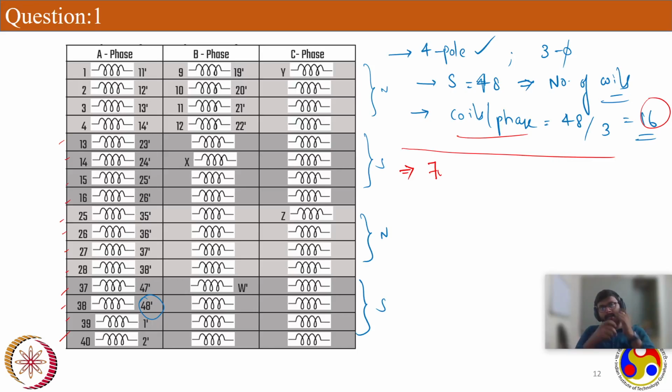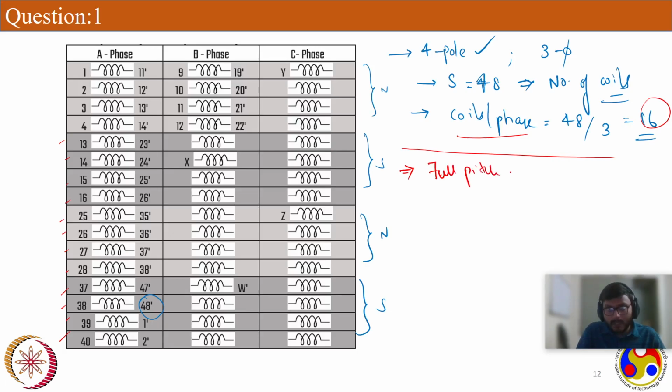Okay, let's look at it this way. If it is a full pitched coil, the coil span should be 180 degree, right? Now, how many slots account to 180 degree, and what is beta? Whenever you want to find whether it's short pitched or full pitched, you calculate beta. Let's say it's a full pitch coil.